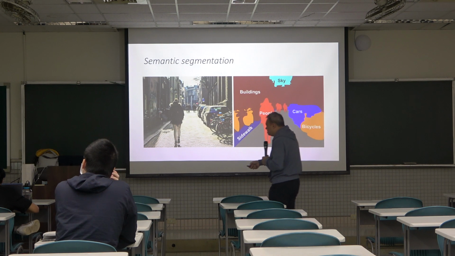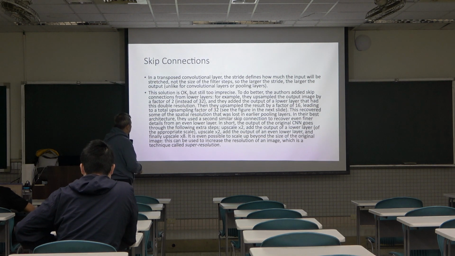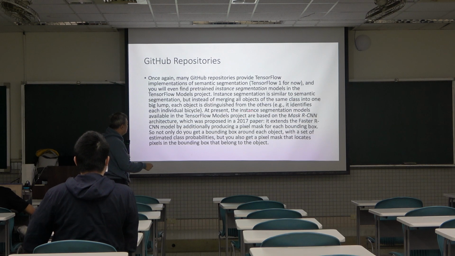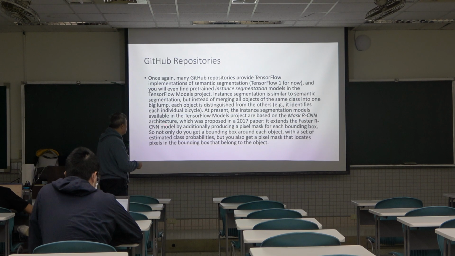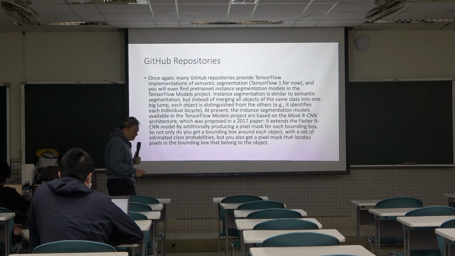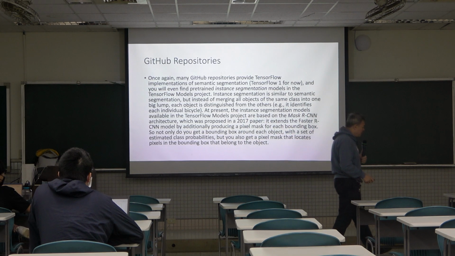How do they do this job? They are actually using Mask RCNN. The Mask RCNN is based on the Faster RCNN. I think I will skip this. If you are interested, you can check out the details of this model.